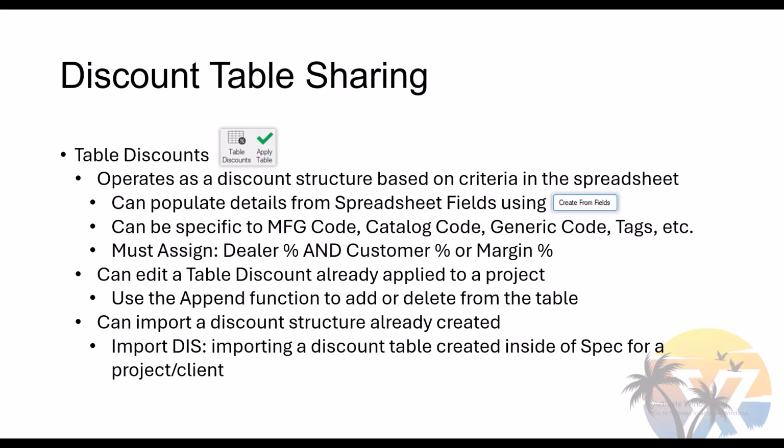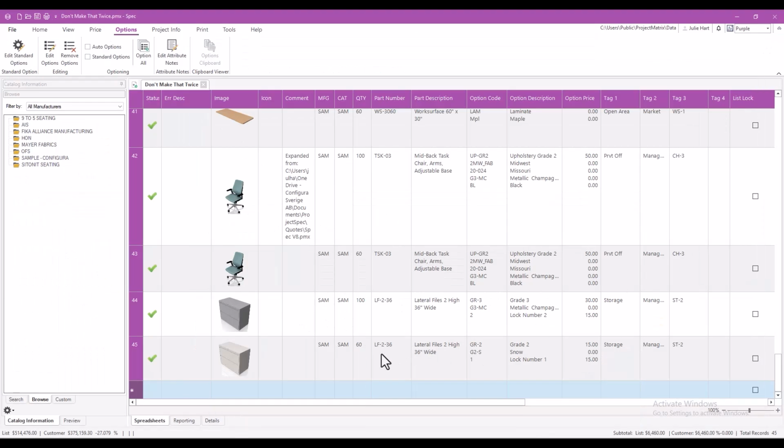Rather than trying to apply individual manufacturer discounts either by part number or generic code or even catalog, you can apply all of your discounts using specific criteria using a discount table. Once that discount structure is set up, everyone can use that same discount structure, and it will only change or affect the line items that meet the criteria.